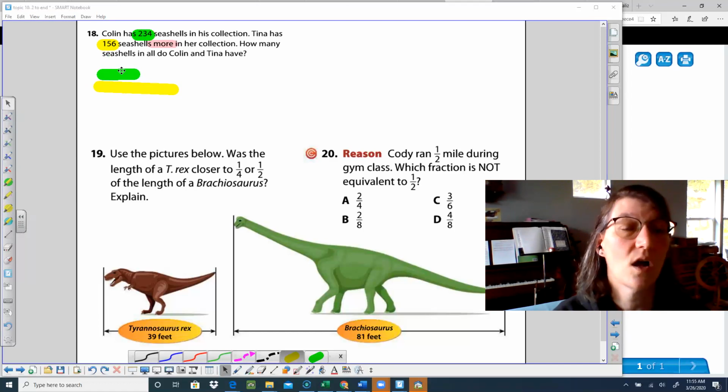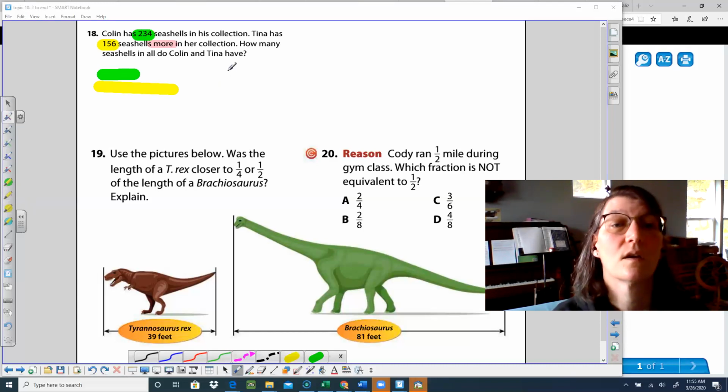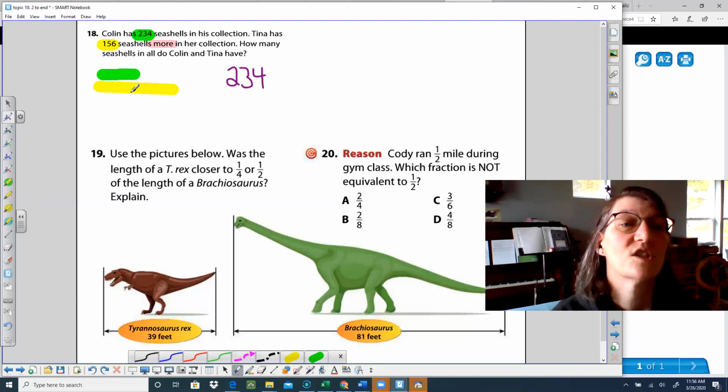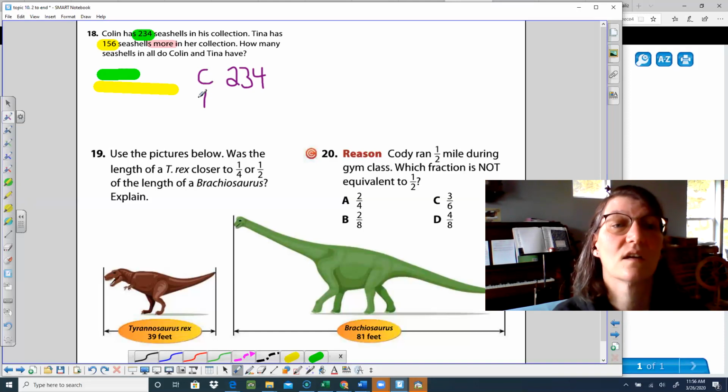We do know that Colin has 234. So I can start off by writing 234. Now she has 156 more, so this was Colin. Now Tina, we're going to take that 234 and we're going to add 156.